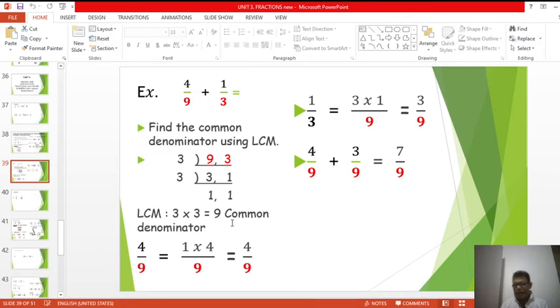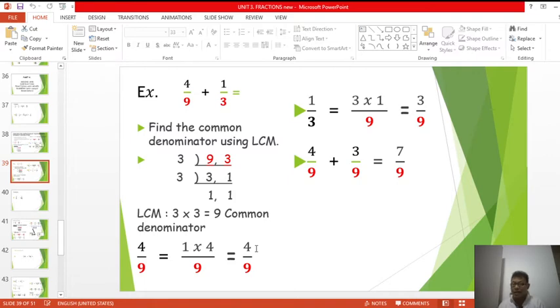Again, the same steps as in the previous example. Draw the line, write number 9, and divide. 9 divided by 9 is 1, times 4. This 4 is the numerator. So your answer here is 4 over 9. As you notice, they're the same, so it doesn't matter.